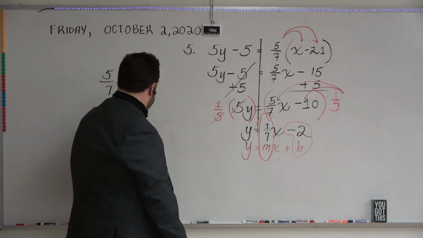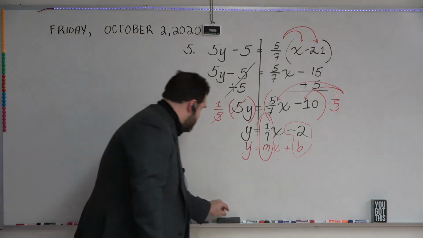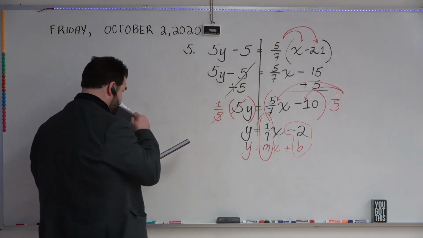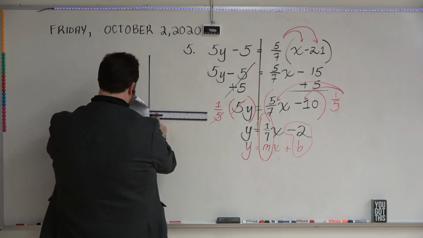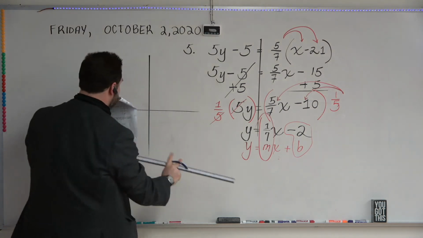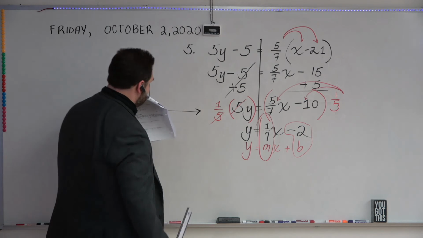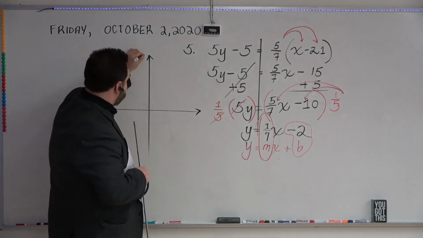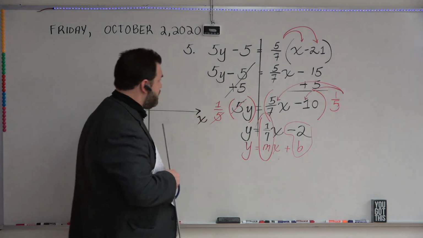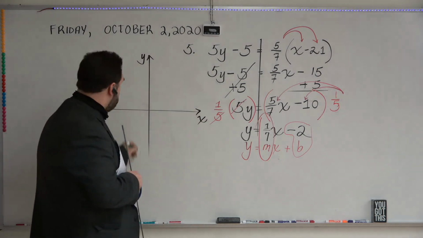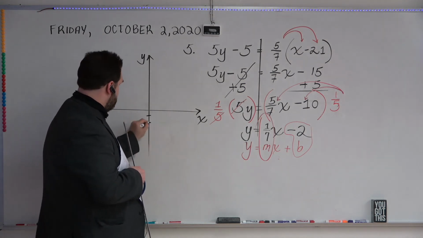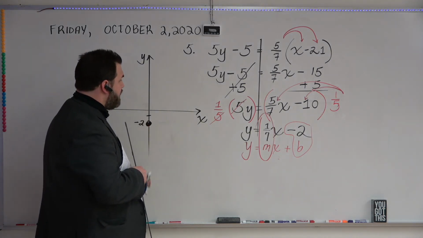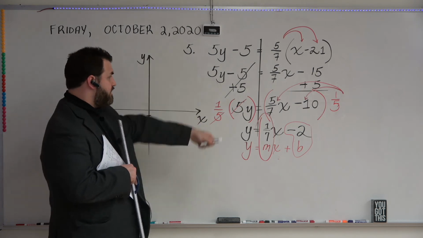Yeah, and you know what? With so much work, I feel like we need to see what that looks like. There we go. That's your standard graph. We're going to start here at -2. Dot. And now we're going to rise 1, run 7.